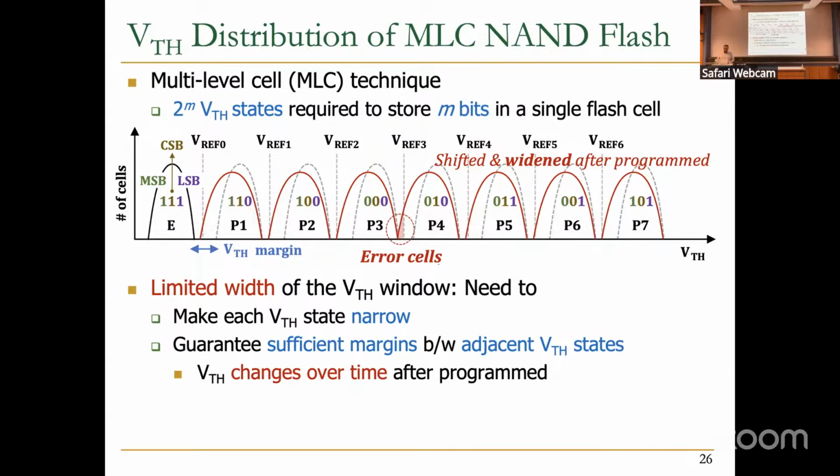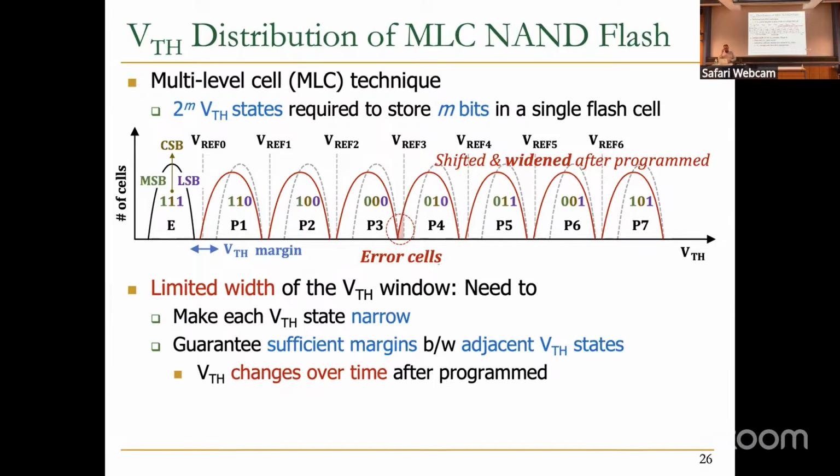And at some point, there might be some overlaps, like here, which in the end, when you read, you're going to see errors. But that's the case in many cases when you read from flash memory, and hopefully ECC is able to handle that. But at some point, you need to adjust your reference voltages, and that's the procedure of read retry. When the flash controller needs to retry the read, it is going to adjust the reference voltage and then retry, essentially.